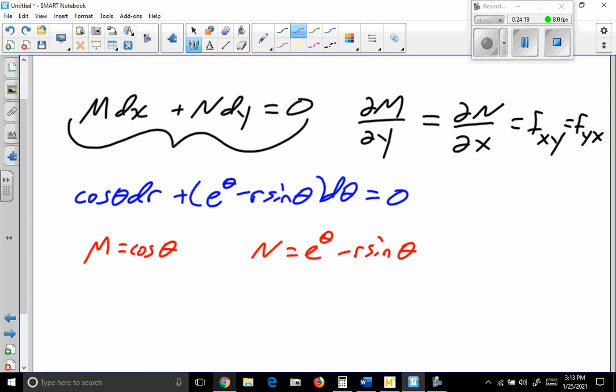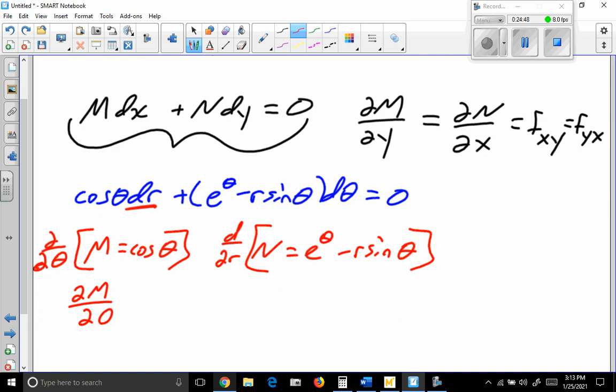So if it's exact, then this one has already had the partial done with respect to r, so we need to take the partial of this one with respect to theta. This one has already had a partial with respect to theta, so we need to take the partial here with respect to r. And if it's exact, these will be equal. So the partial of M with respect to theta equals, well, the derivative of cosine theta with respect to theta is minus sine theta.